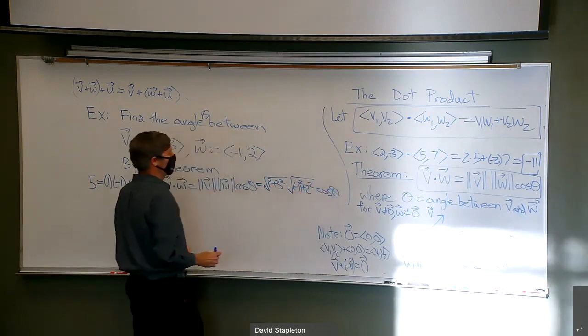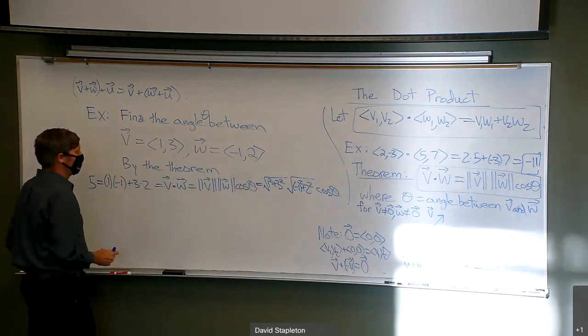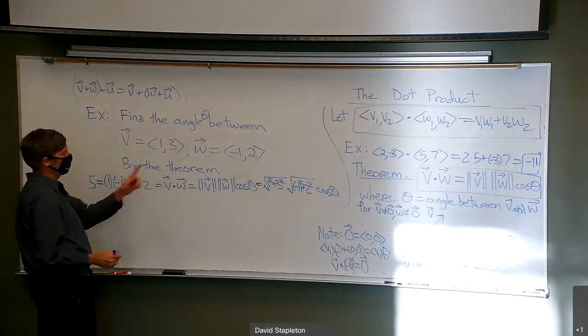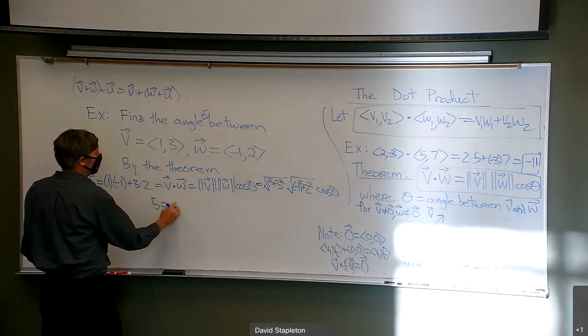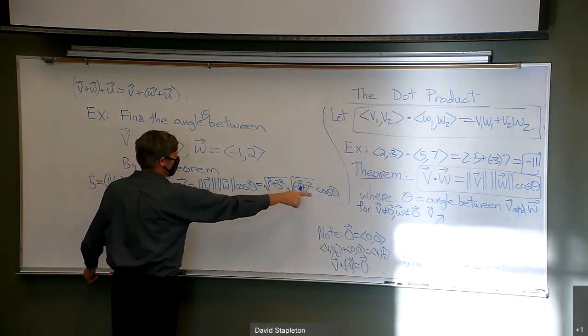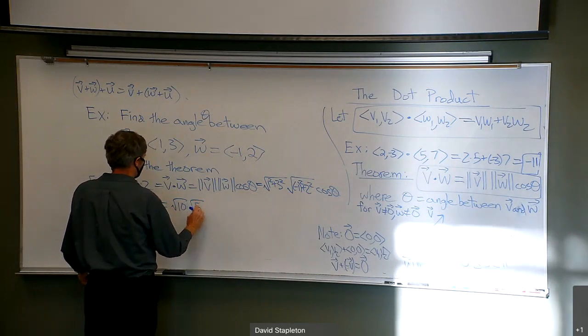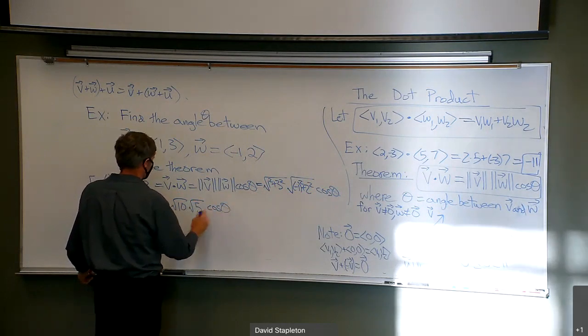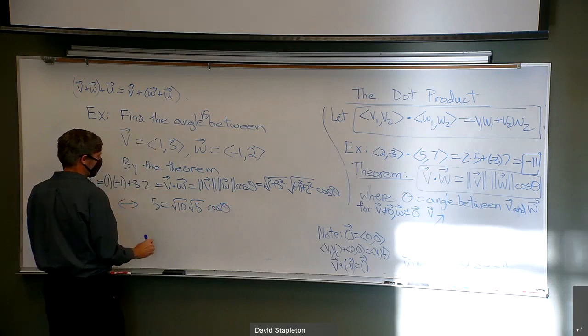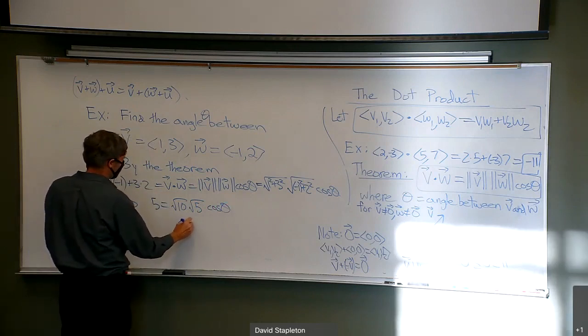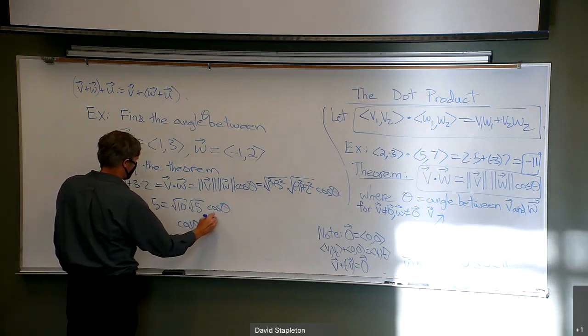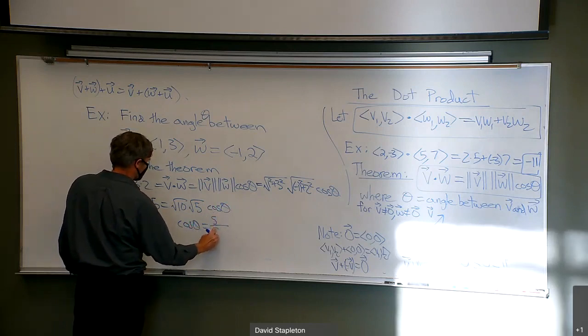What we found by our theorem is that phi equals square root of 10 square root of 5 cosine theta. So what must the cosine of theta be? It must be that cosine theta is 5 over square root 10 square root 5.